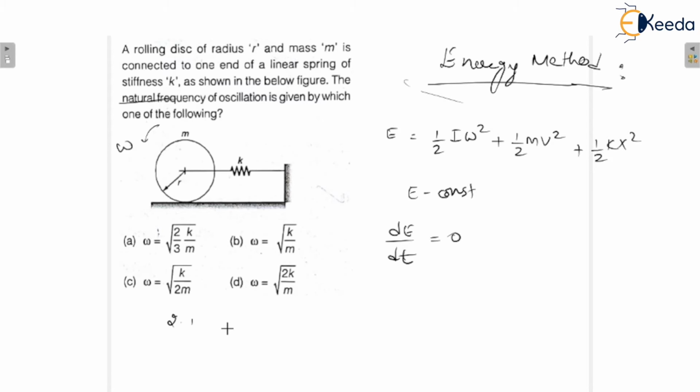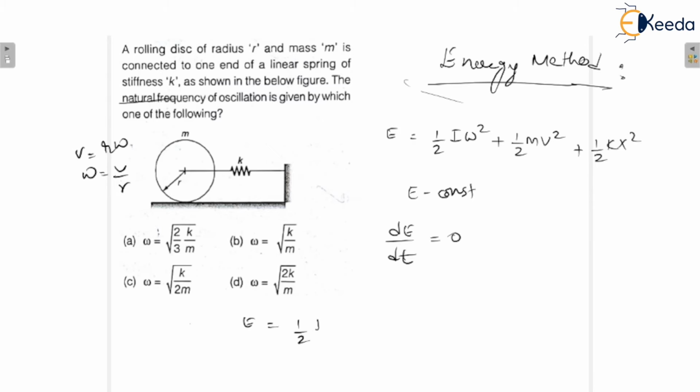See here, can I write this omega as v by r? Because omega is not given in the question. So I can write v is equal to r omega, and so we can replace omega with v by r.